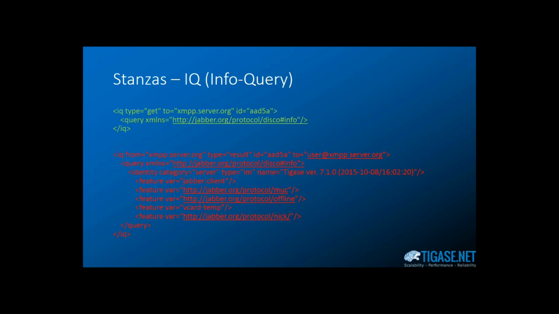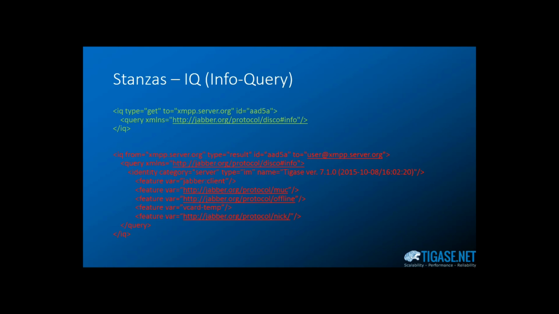This is followed by sub-elements that are features. Each line specifies a different feature. In this case, this server has a Jabber client, a multi-user chat interface, offline storage for messages, vcard-temp, as well as nicknames.